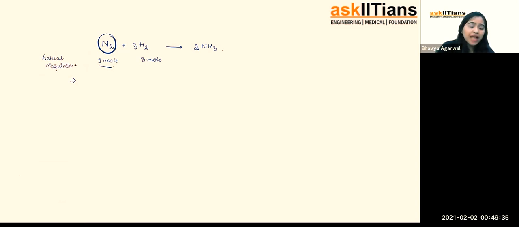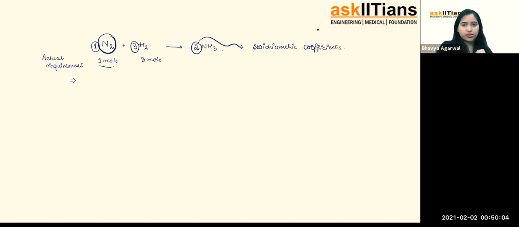Now, how do I know this is the actual requirement? After balancing, the numbers written in front of the atoms or molecules are known as stoichiometric coefficients, which signify the moles of reactant or product.